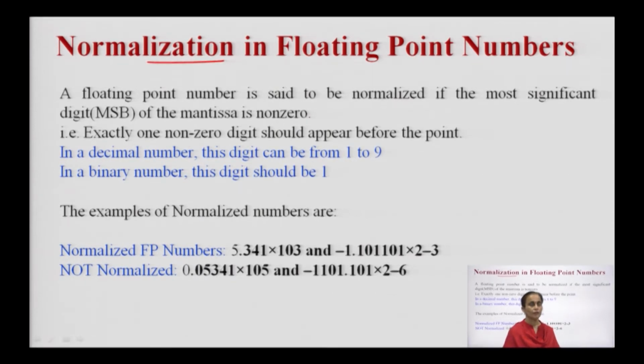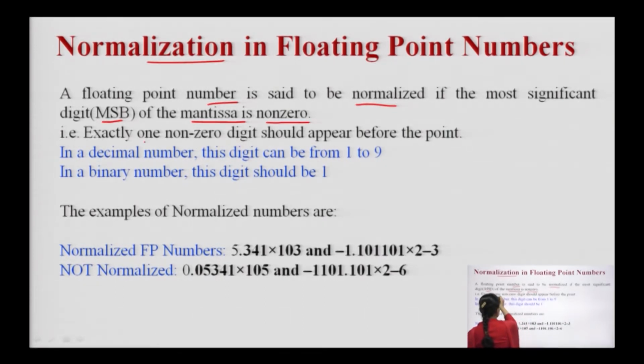For that, we require the numbers to be presented in one common standard, and that is known as normalization. A floating point number is said to be normalized if the most significant digit of my mantissa is non-zero.